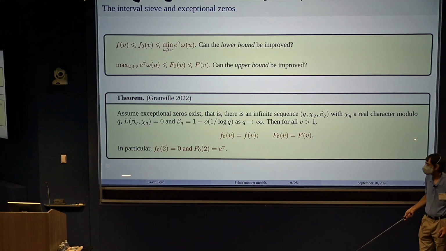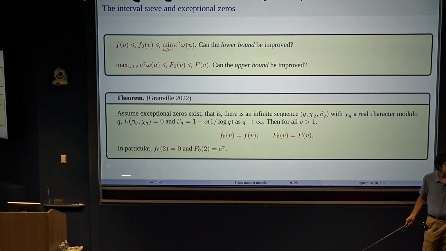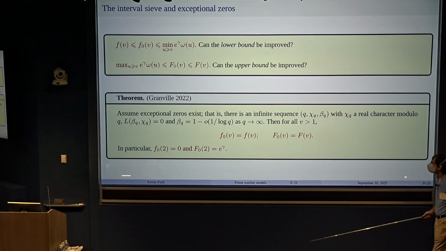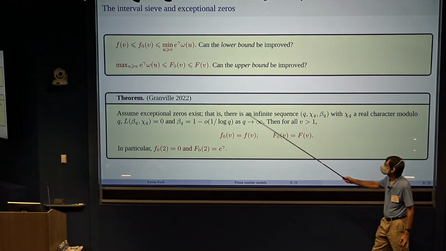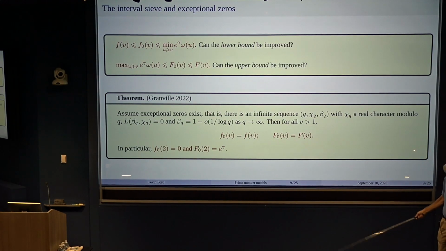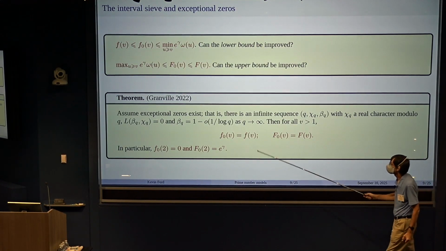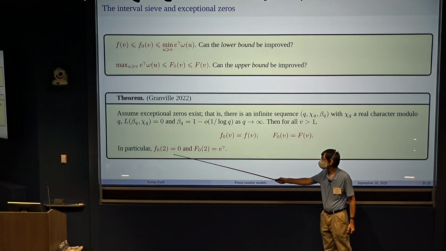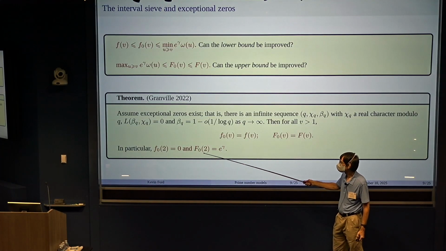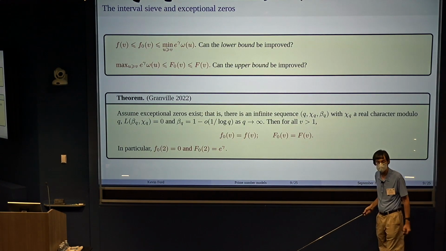So it's giving some indication of how difficult this problem is. So already we can see that there's a connection between this problem and a very notorious problem about zeros of L functions. So in particular, if these exceptional zeros exist, little f0 of 2 really is 0. And correspondingly, capital F0 is e to the gamma.